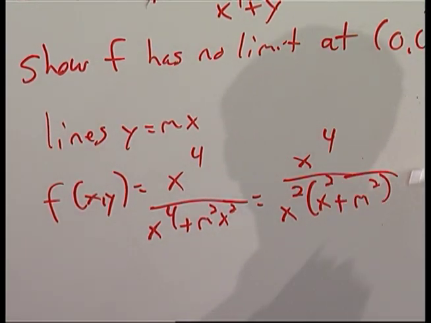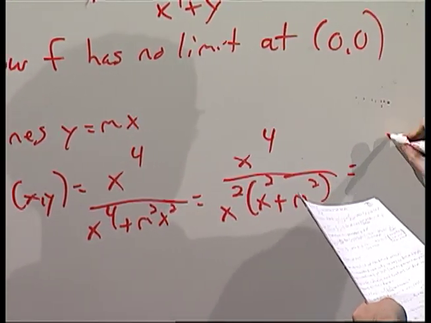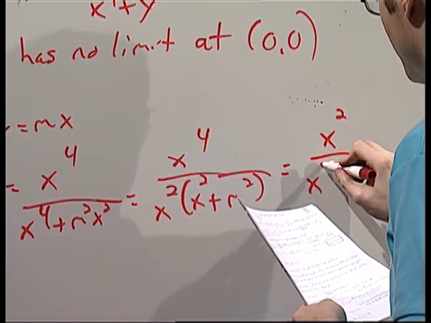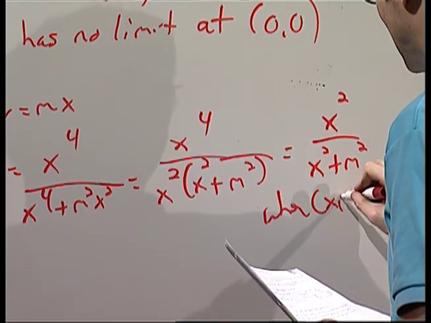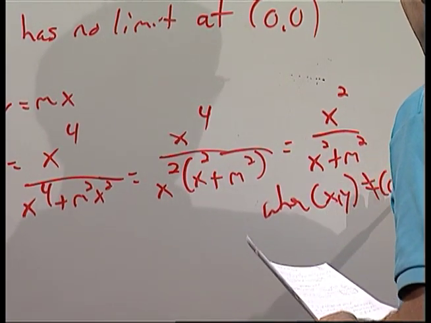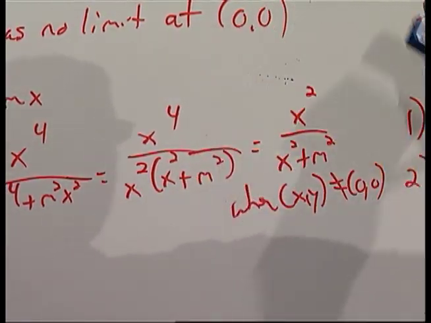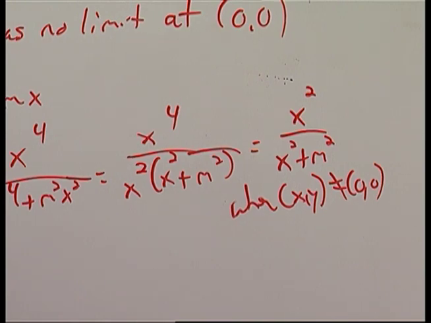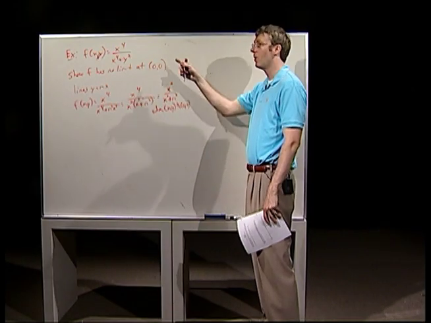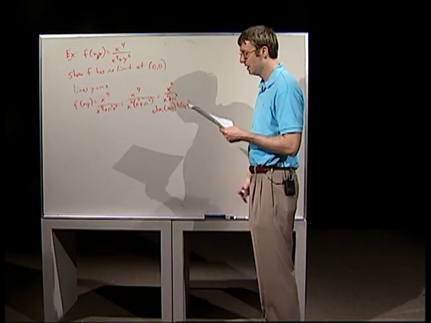And cancel out two of those, and we're left with x squared over x squared plus m squared, exactly when x, y is not 0, 0. Okay, so here we're just plugging in mx for y, right? So this is what happens when we do that.